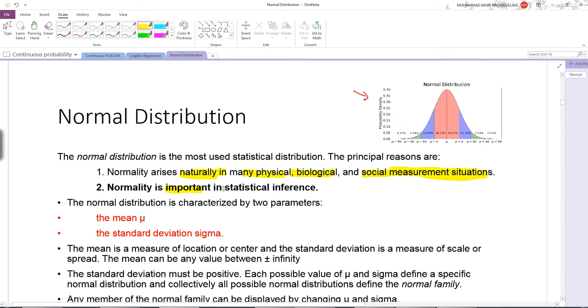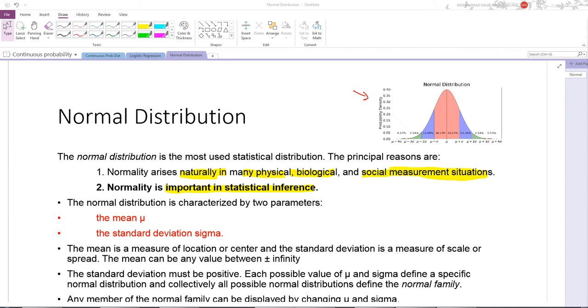Normality is important in statistical inference when you want to do a parametric test, such as one-way ANOVA, independent sample t-test, regression, linear regression, and so on, right?